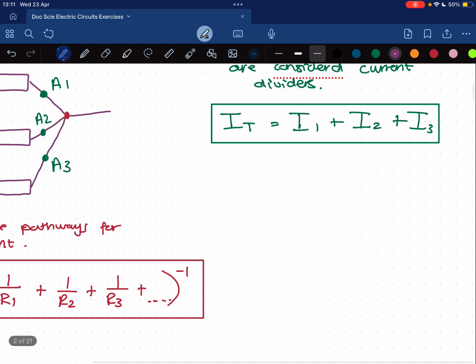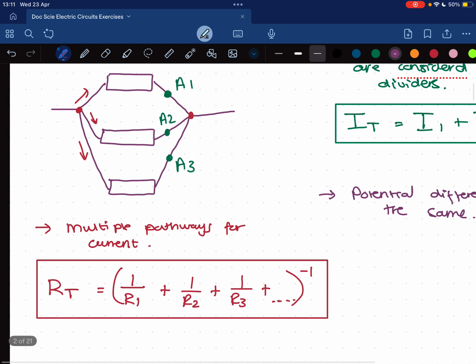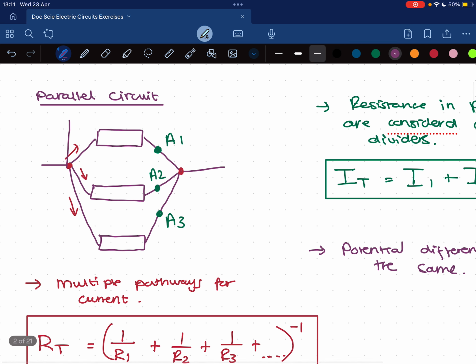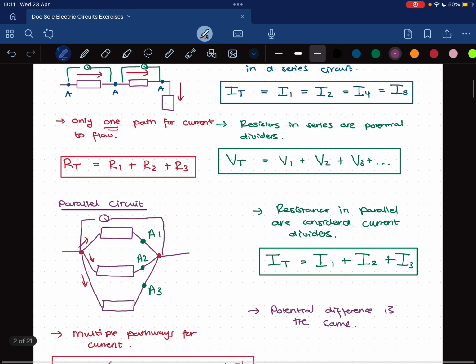But now if I look at the potential difference, the potential difference is the same. So that's because the potential difference from this point here to that point there is equal.